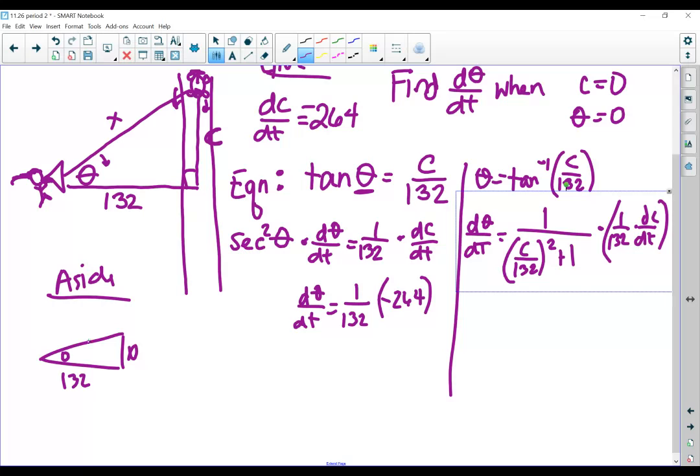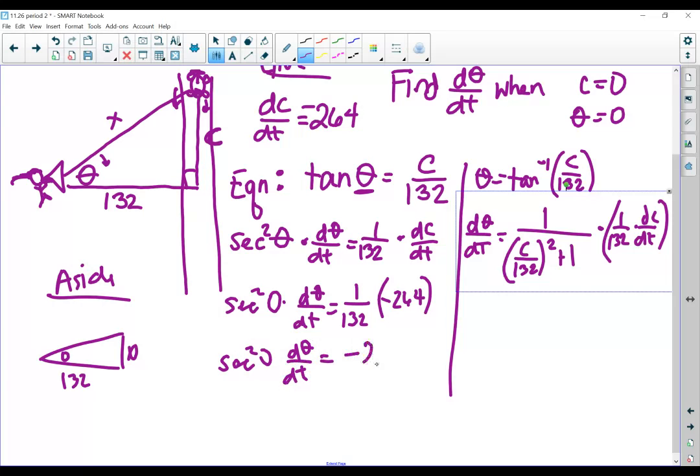And then secant of theta, well, that's just going to be secant squared of 0 because that's my angle. Or I could say hypotenuse over adjacent if I was doing a normal triangle. But since I know it's 0, I get secant squared of 0. Now I'm going to evaluate secant squared of theta, guys.